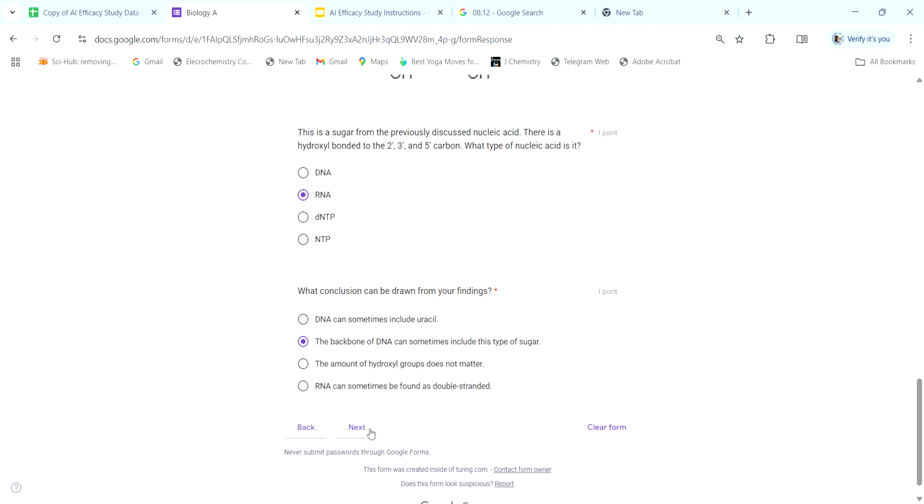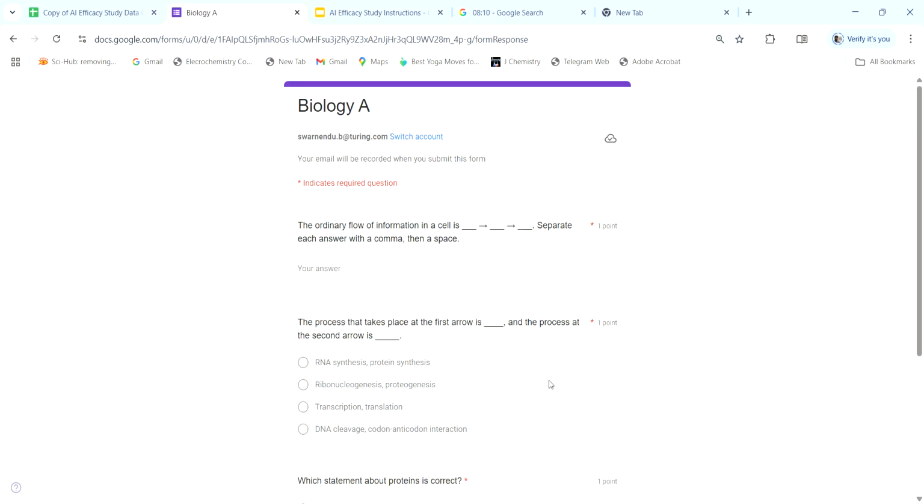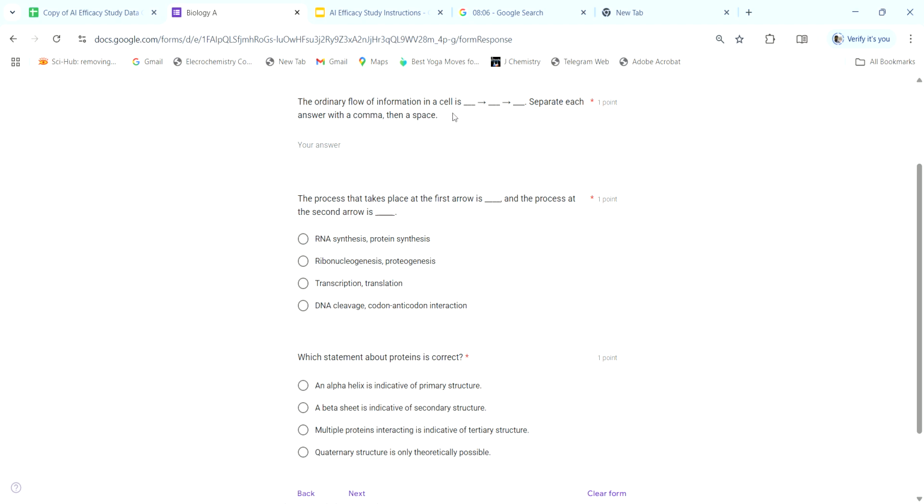Next, the ordinary flow of information in a cell is dash dash dash, separate each answer with a comma. It comes from DNA, then moves to RNA and then protein. So it should be written as DNA, RNA, protein.